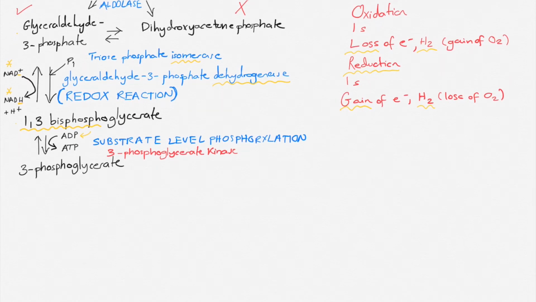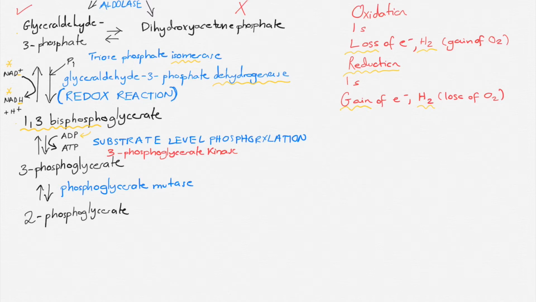Then from 3-phosphoglycerate, we go into another very similar compound called 2-phosphoglycerate. And again, something for you to notice is that it is basically an isomer. Another enzyme is required, and this enzyme is called phosphoglycerate mutase, or glycerate mutase.